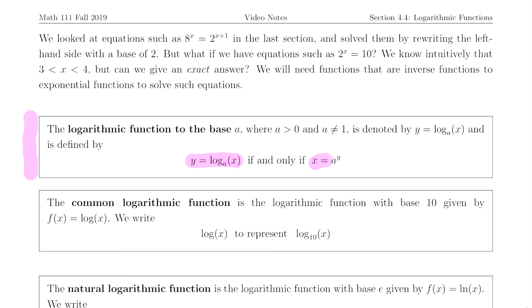So it's just the other way around. x and y basically switch places, and the base is always the same. Sometimes it's called a, sometimes b, and then x and y can also be interchanged, of course. But that is simply the definition.